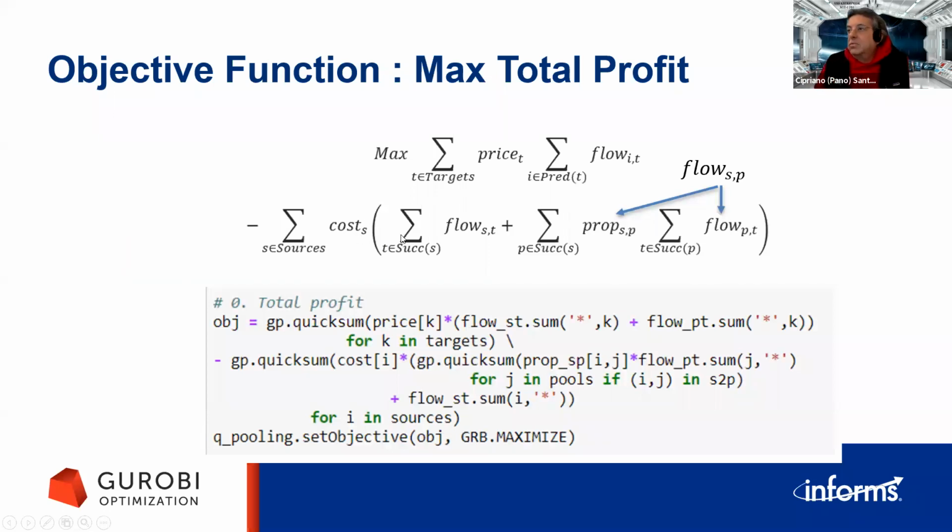And again, I don't have time to go into the details of this equation, but to represent it in Gurobi, basically you just use quicksum for this, and you can see that the equation exactly maps what I have briefly explained here. And to represent the objective function, we use the set objective method defined over this expression object.